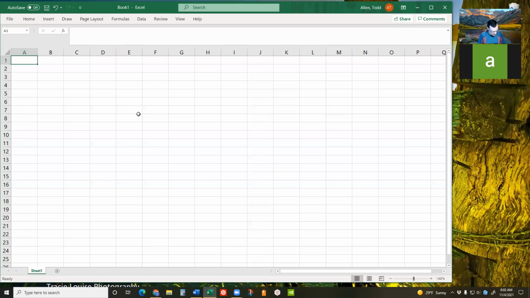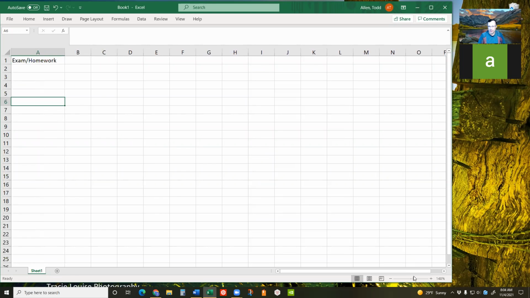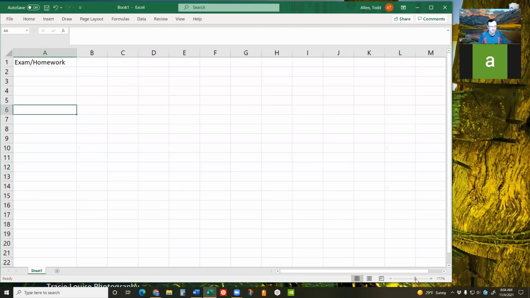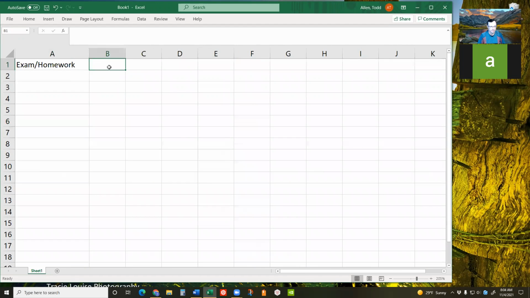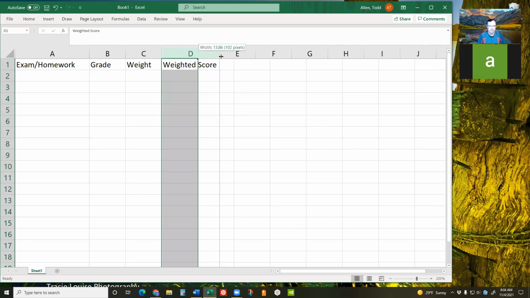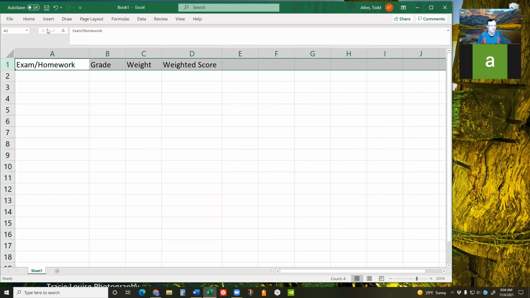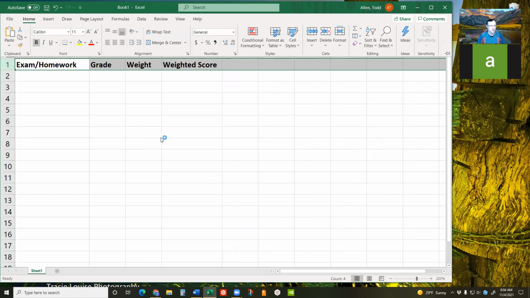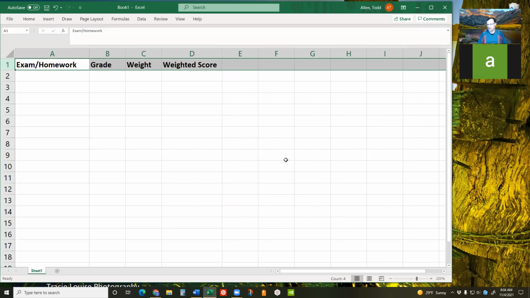So first off, I'm just going to create a couple little headings at the top of my worksheet here to tell you what it is I'm actually doing. All right, so we have 4 columns in this spreadsheet.